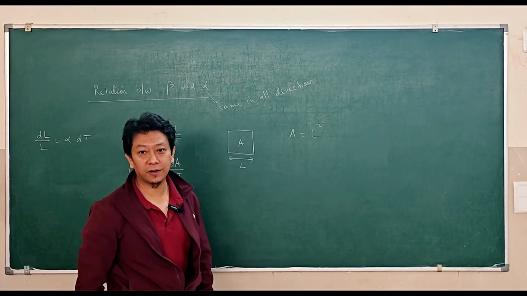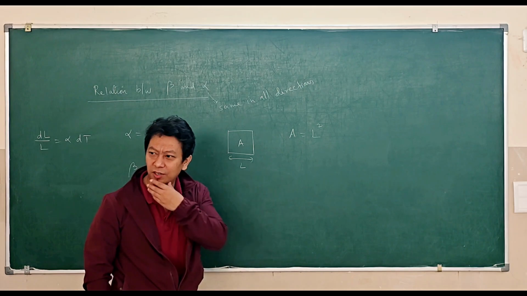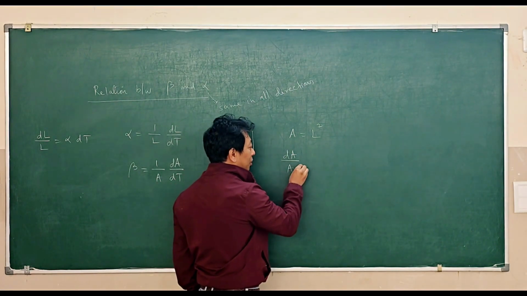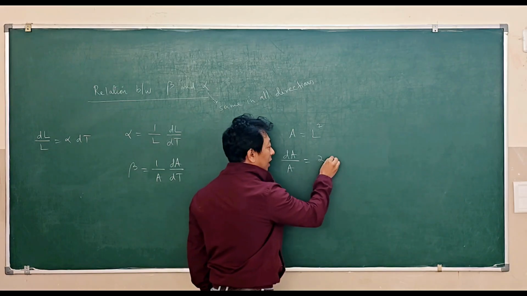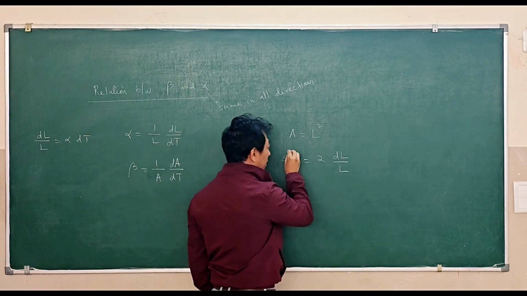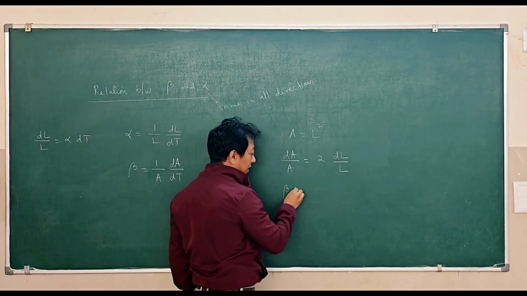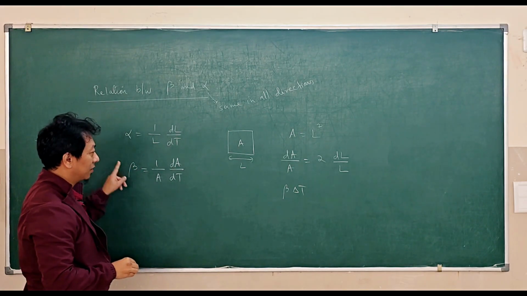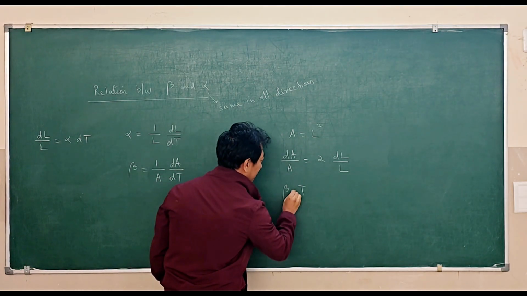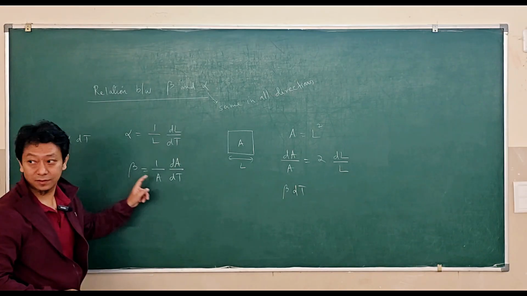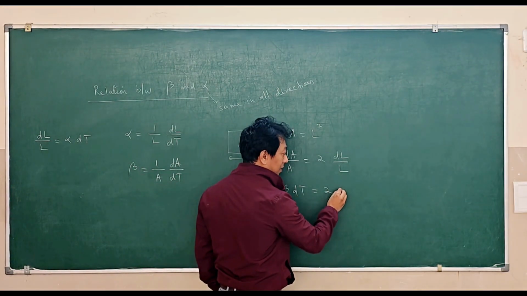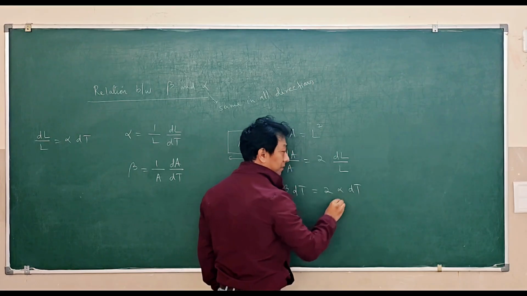Now use my shortcut. Which shortcut did you teach, sir? dA by A equals 2 times dl by L. What was dA by A? Beta delta T. dt you bring here. And what is dl by L? Alpha dt.